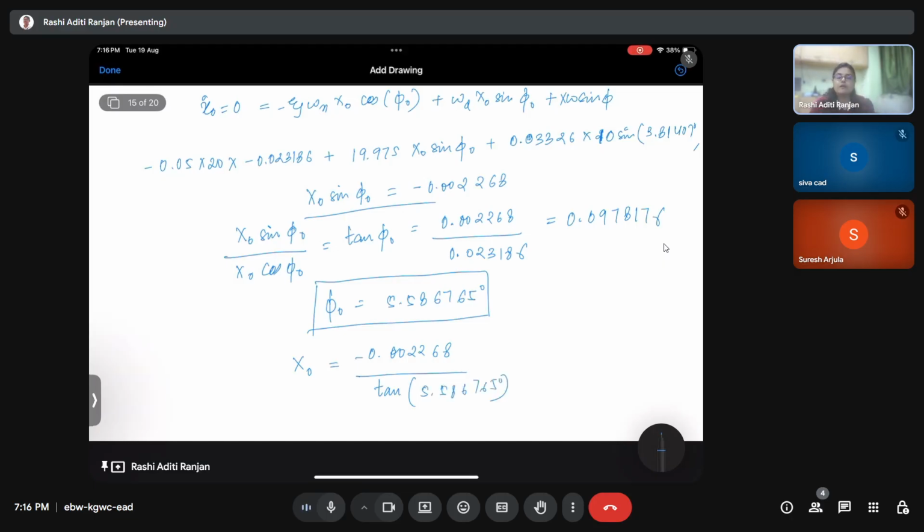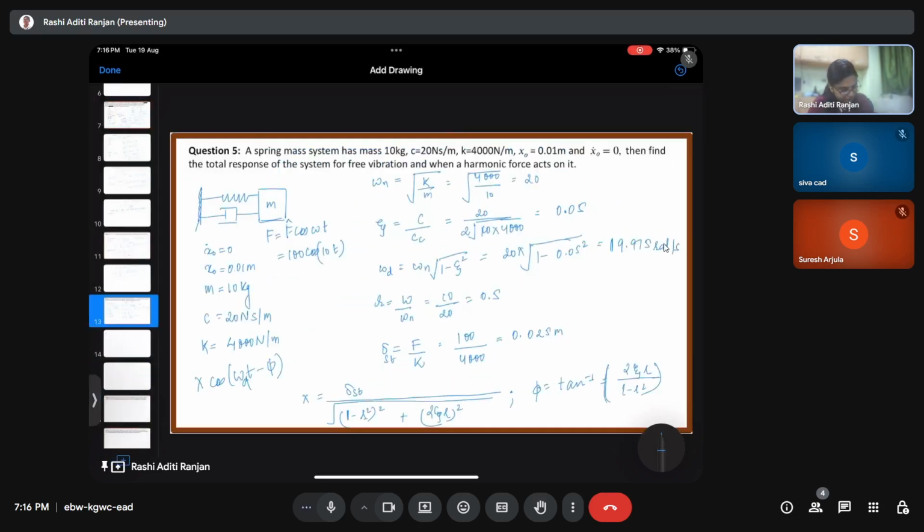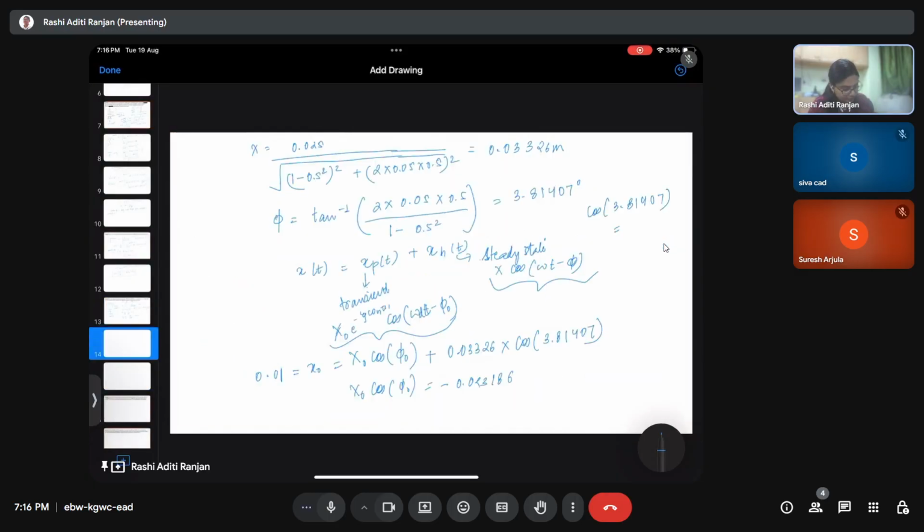So this is going to give the value of x naught. Now we have the value of x naught, we have the value of x, we have the value of phi, we have the value of phi naught. So we can finally get the solution in what form? In this form. Over here, like this, we can write the solution.